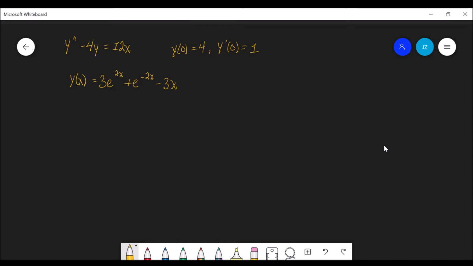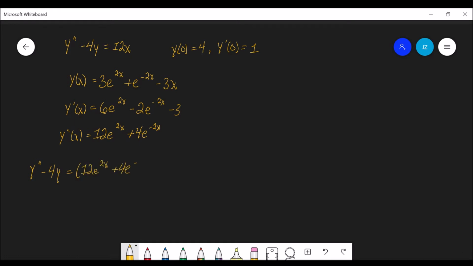So, if this is y, then y prime is 6e^(2x) minus 2e^(-2x) minus 3, and y double prime is 12e^(2x) plus 4e^(-2x). So y double prime minus 4y would be 12e^(2x) plus 4e^(-2x) minus 4 times 3e^(2x) plus e^(-2x) minus 3x.